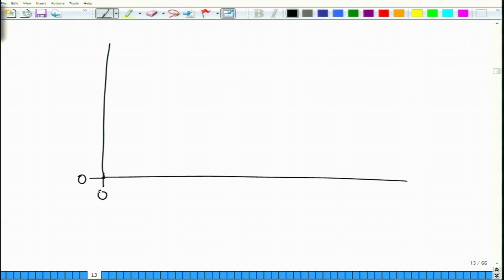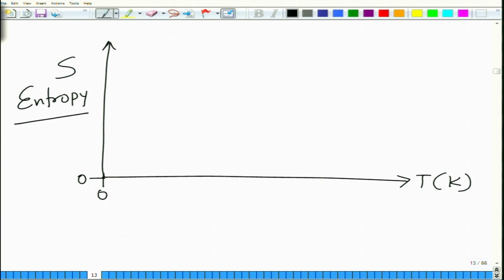So, this is 0, 0, T in Kelvin, we have entropy, okay. This will follow a behavior which is something like this. So, this is the variation of entropy. Entropy increases as the temperature increases.